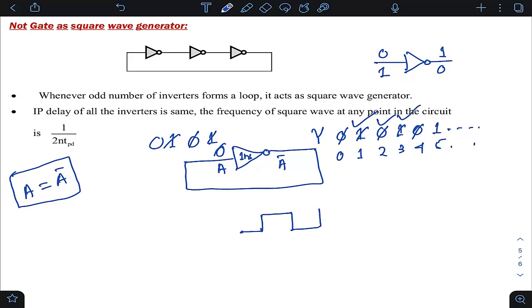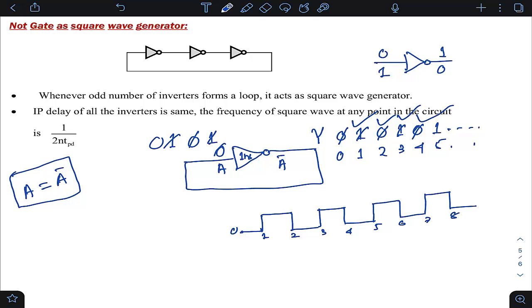Then at 4 nanosecond it will be 0. At 5 nanosecond it will again be 1, and at 6 nanosecond again 0, and so on. This pattern is followed. So this is t equals 0, this is t equals 1, 2, 3, 4, 5, 6, 7, and 8.